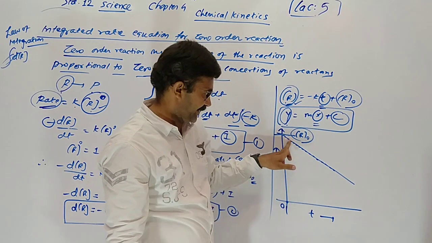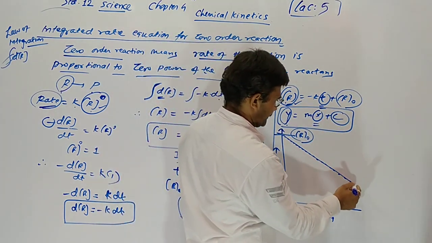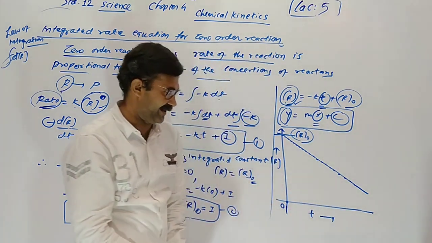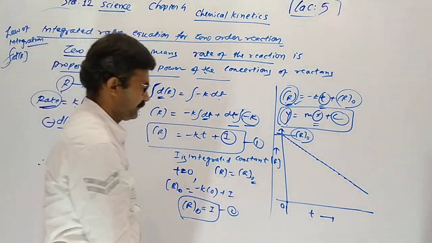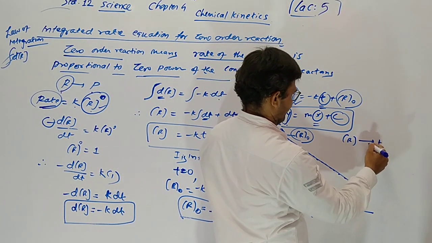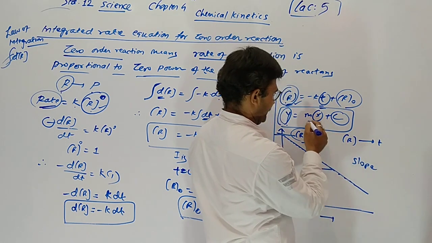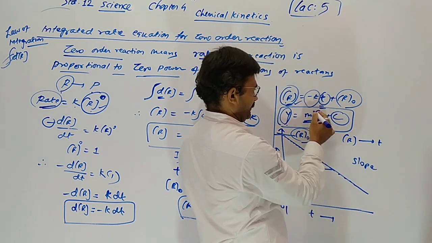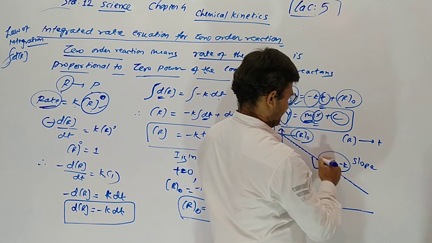The intercept on the y axis gives R0, and this gives a decreasing straight line and slope. So R versus t gives us the slope. Here m is our slope, so m is equal to minus k.